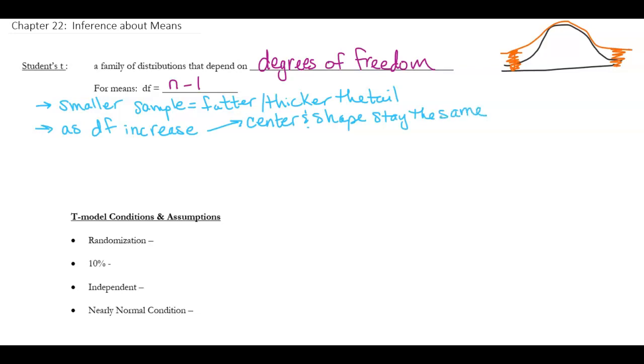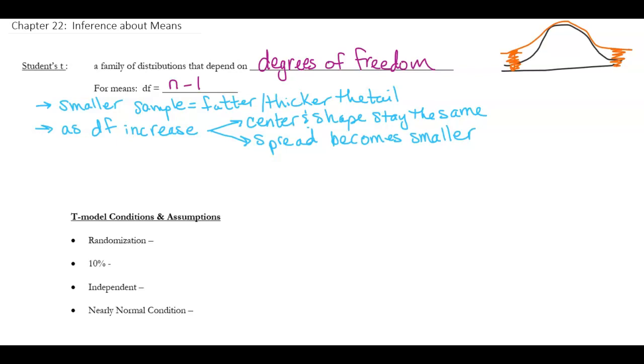What happens though is that the spread becomes smaller. Everything gets closer and closer together. Even though the shape looks a little different, it's still unimodal, so it stays the same, but it's getting closer together, and that's why the spread gets smaller.